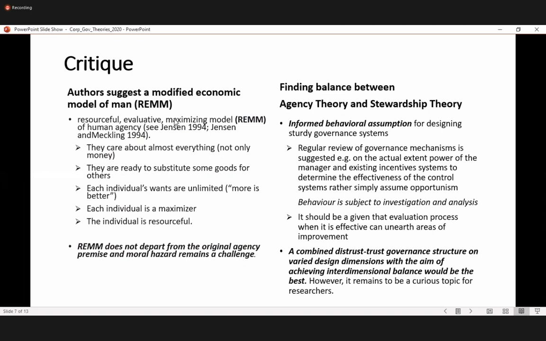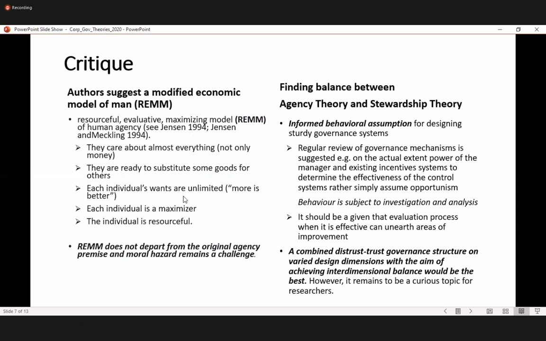This maximizing model of human agency assumes that the human person cares about almost everything, not only money, and is ready to substitute some goods for others. But still, each individual's wants are unlimited. More is better. So each individual is a maximizer and is resourceful.